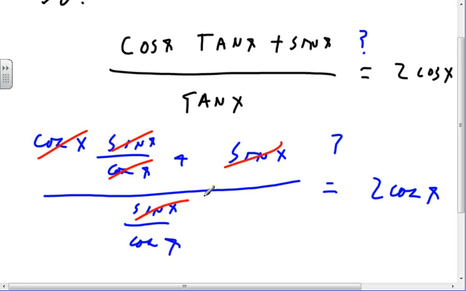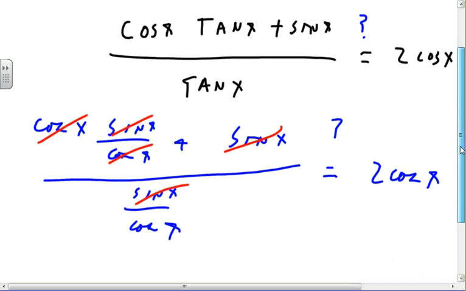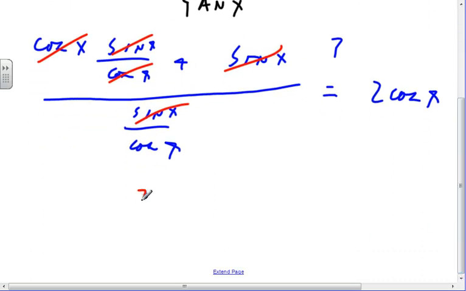And now I've got 2 divided by 1 over cosine is supposed to be 2 cosine x. Looks really close.